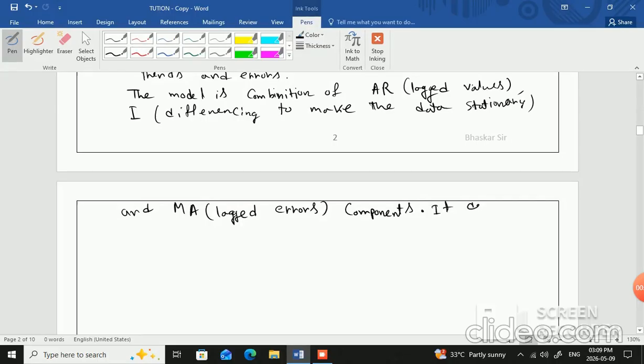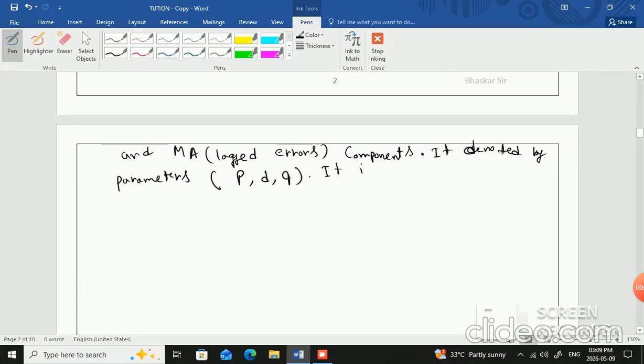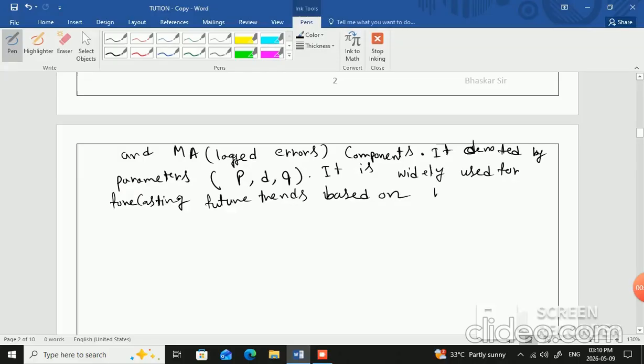It is denoted by parameters PDQ. It is widely used for forecasting future data, future trends based on historical data.